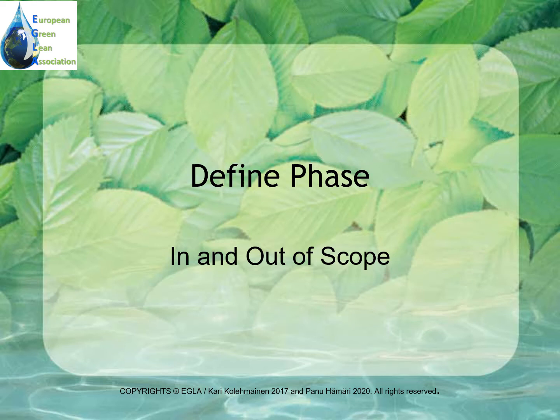One of the most important things related to the define phase is the scoping of the project. If that is done in a bad manner, it will cause the failure of the project in the worst case.